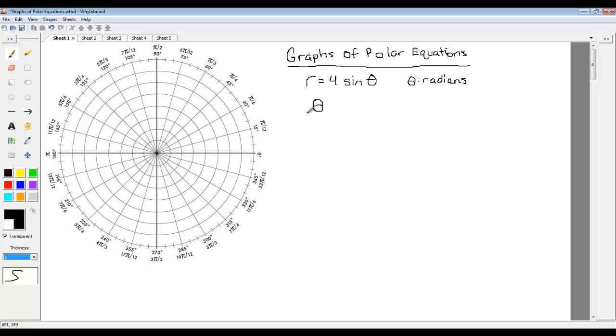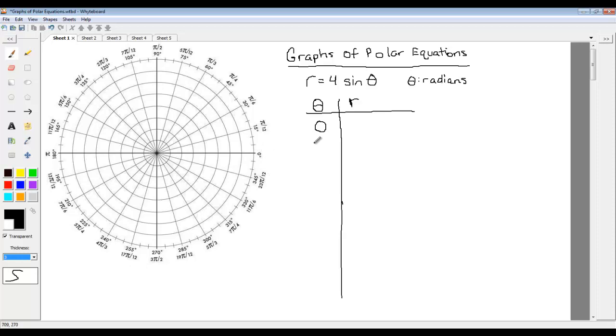So one way to start graphing is to do a chart, just like you would do an XY chart in algebra class to graph an equation of a line or something. Here we're going to do a theta r chart. Let's start with 0 theta, since 0 is the polar axis. And we'll take it all the way to 2 pi, but let's go by increments of pi over 6.